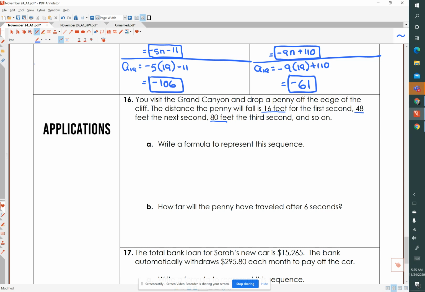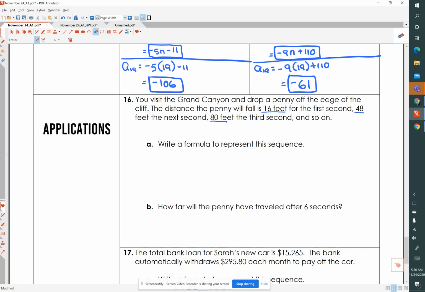So maybe if this is the Grand Canyon and you drop a penny off here, in the first second it will go 16 feet, then 48 feet, and then 80 feet. And as it goes down further and further, it's going to go faster and faster until it hits the ground. That is the acceleration of speed there.